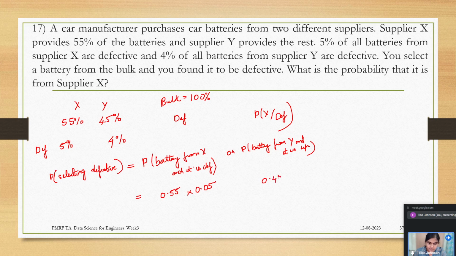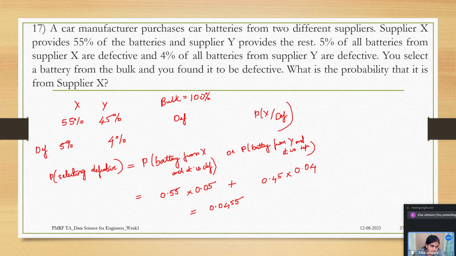Batteries from Y will be 0.45, with defective rate 0.04. Since it is an OR, these two will be added. So the answer comes to 0.0455, which is the probability of selecting a defective.